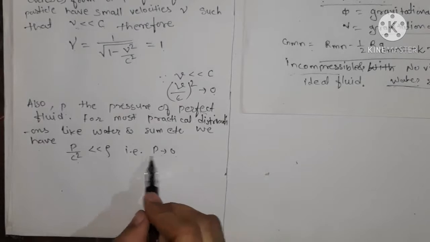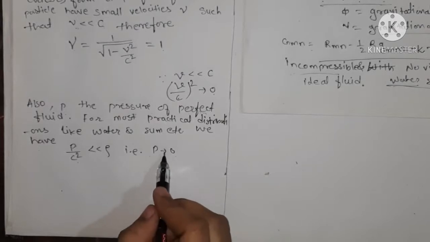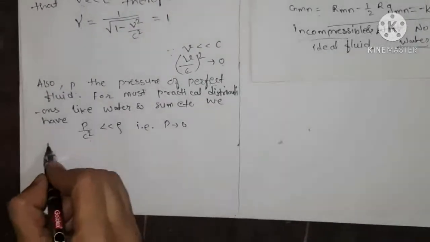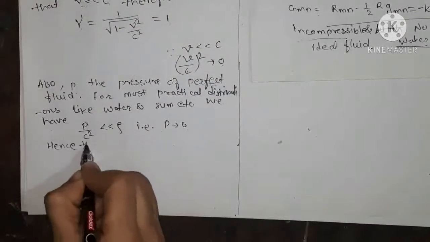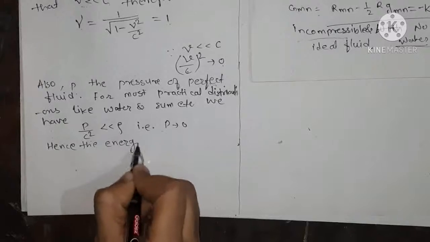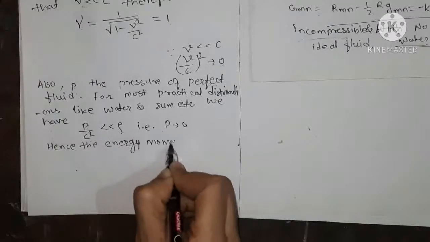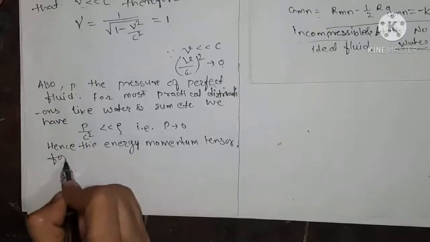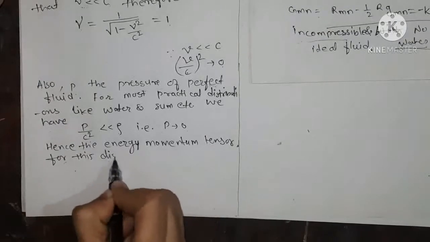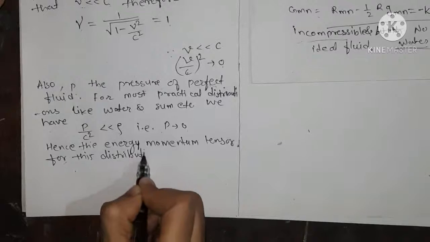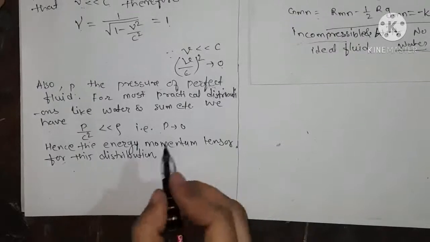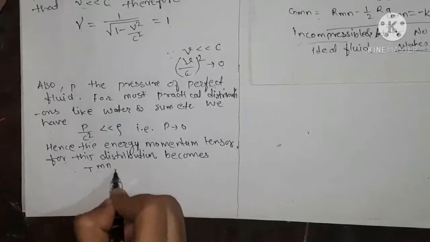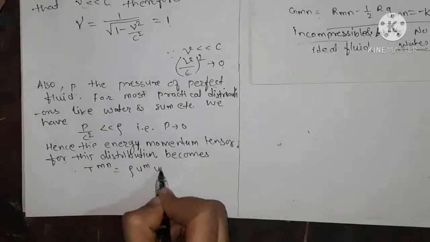From this, the energy momentum tensor for this distribution, that is, when we have the perfect fluid, has the form T mn equals rho u m u n.